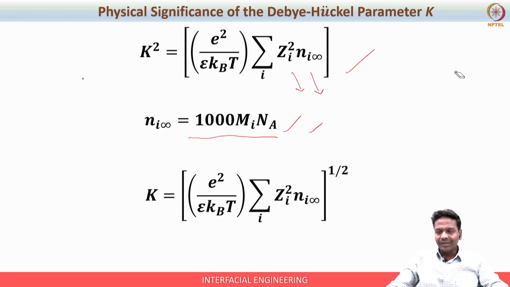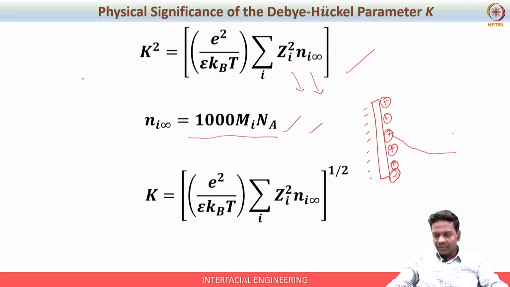So often you will be asked to find out what is the k inverse. So what does it tell? Let's say if you have some charged system, okay, and let's say it is a negatively charged solid rigid body, and you will have the counter ions which are strongly bound, right, to the surface. Okay. Then you will have the diffuse layer.